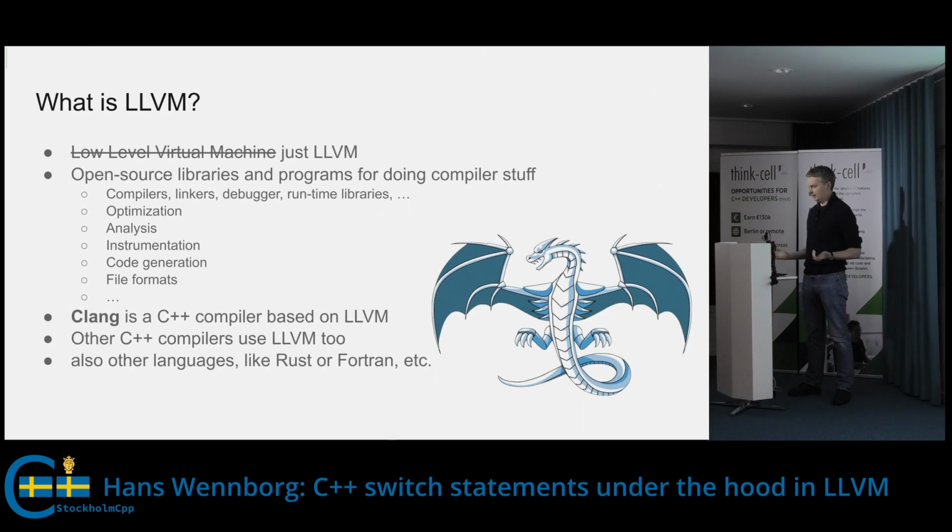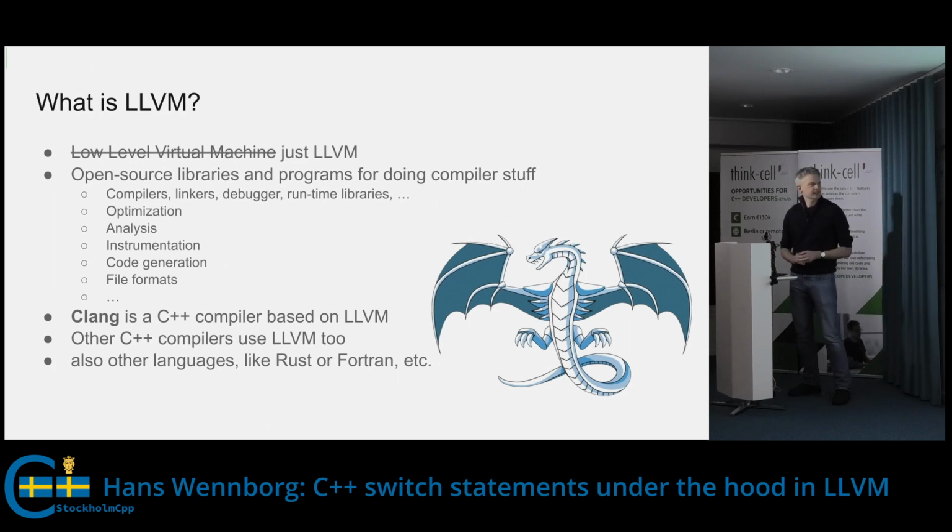And it's really an umbrella project with a bunch of compiler stuff in it. So it includes libraries for doing optimization, code generation, reading and writing object files of various kinds, and executables. And it contains tools that use those libraries, like compilers and linkers. There's a debugger, various runtime libraries, and so on.